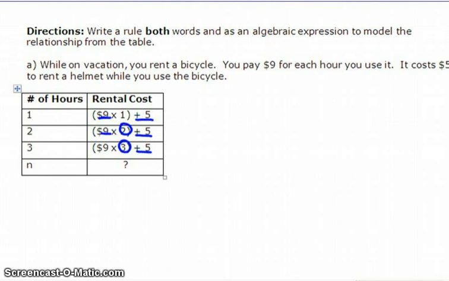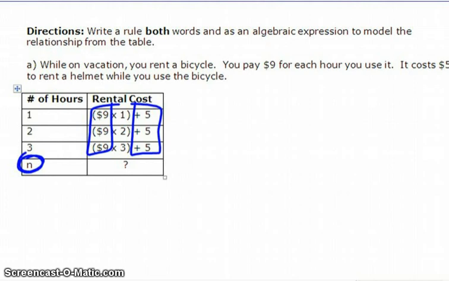Right? If we want to generalize this for if you don't know how many hours you're going to actually rent the bike, we replace one of these numbers with a variable. Notice the 9 and the 5 stay constant. $9 an hour plus the $5 for your helmet. This is what changes.